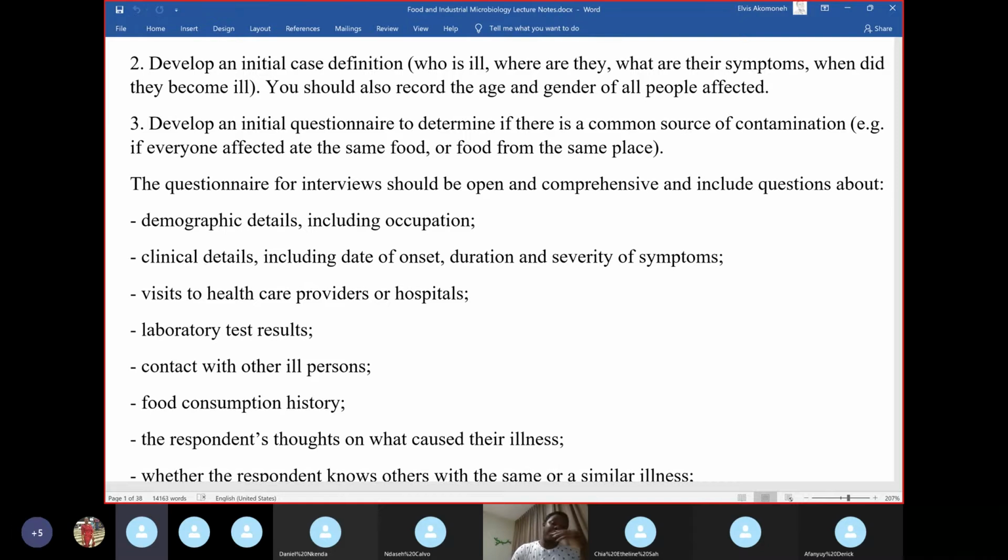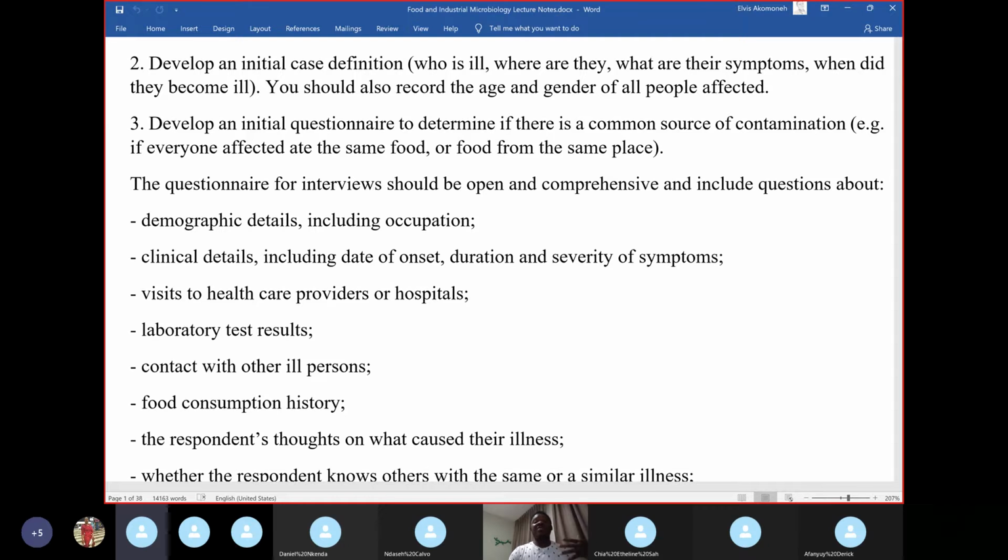The importance of getting this is because if it's a foodborne infection and you have already started taking antibiotics, maybe a culture will not be able to identify the pathogen in your stool because the antibiotic has already started acting on it. So it might mislead us if we don't get this information and then we don't identify the pathogen in the stool and we conclude that there was no pathogen. So it might be misleading.